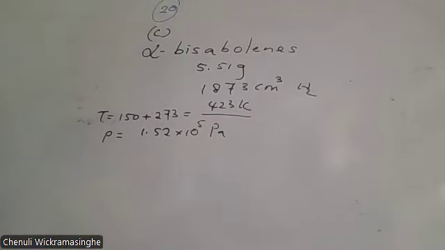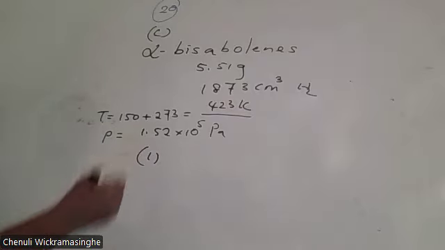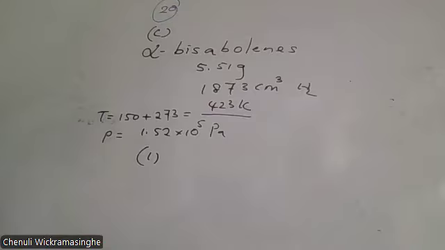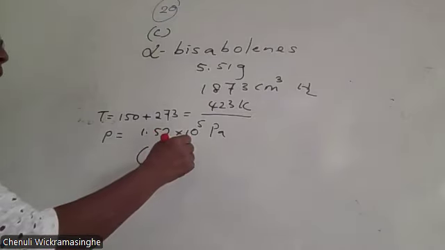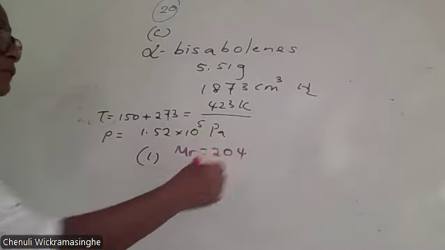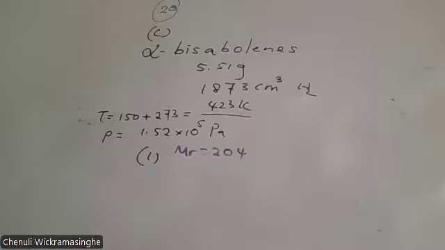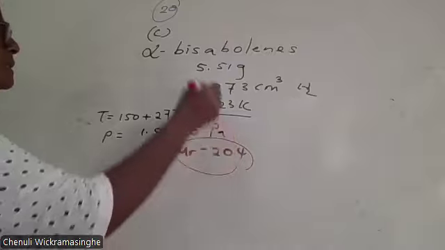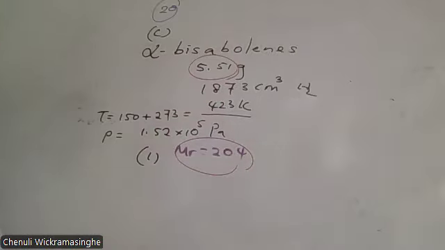Your first task is to identify the number of moles of bisabolene in 5.51 grams. You are supposed to use the molar mass 204, which is given for this particular bisabolene.